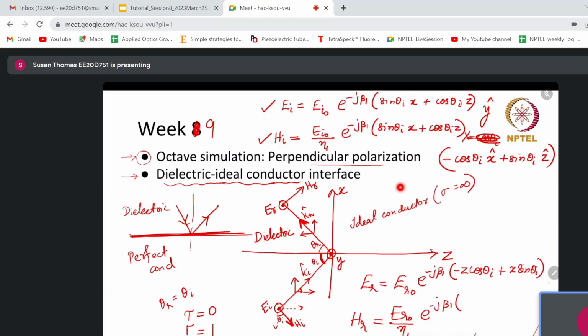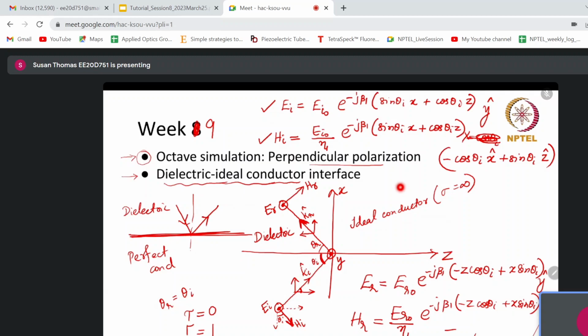Now we have missed out something. The reflected electric field is again in the y direction, so y cap. So e raised to minus j beta 1 into minus z cos theta I plus x sine theta I. The reflected wave vector is the same, so we repeat the same. Now you see what is the direction of the magnetic field.